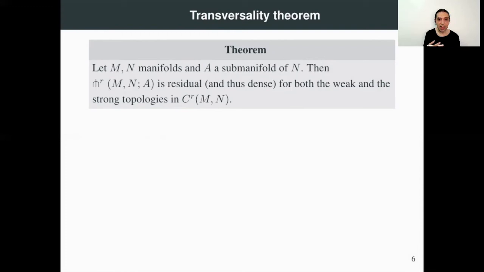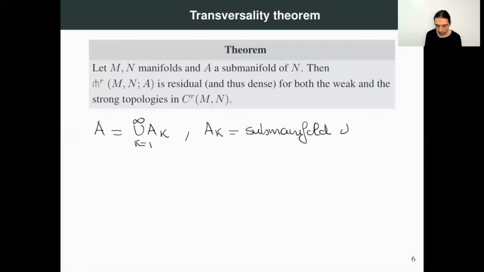So how can we prove this theorem? What we can do is consider A as a countable union of AKs, where each AK is a submanifold of N with boundary.